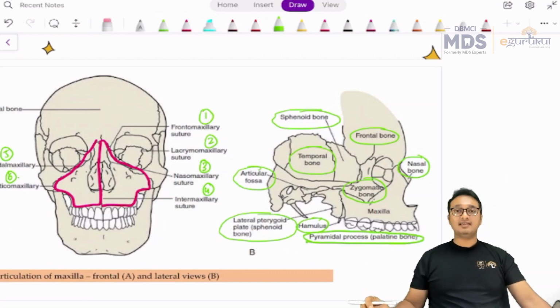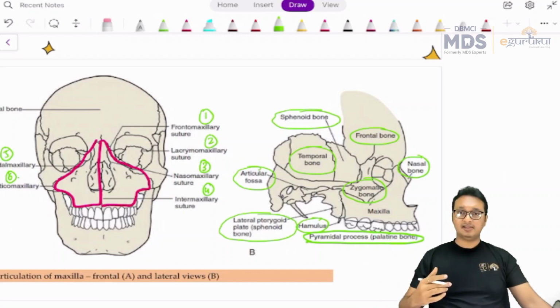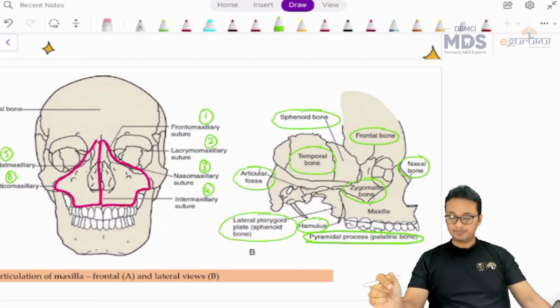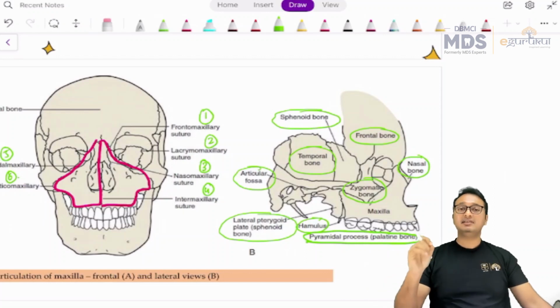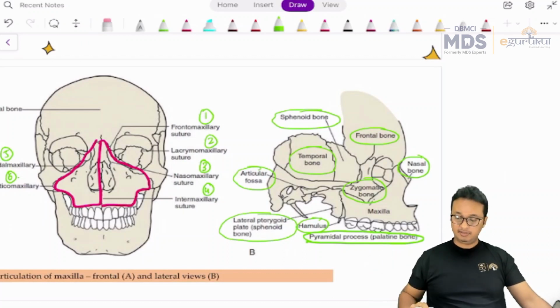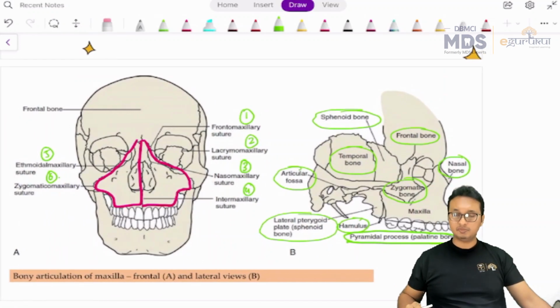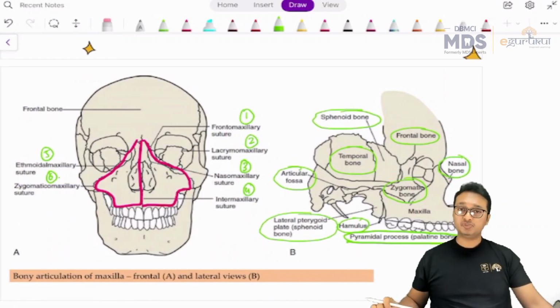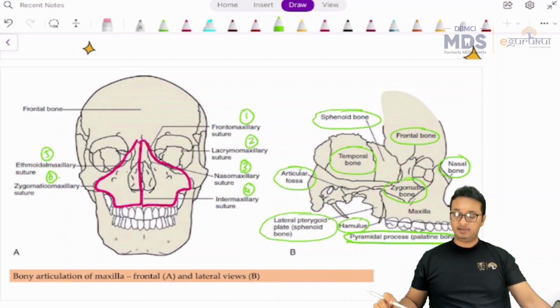So the maxilla has a very complex anatomy, specifically because it is attached to the craniofacial skeleton. Whenever we want to undertake any rapid maxillary expansion protocol, we have to loosen all these many sutures to be able to expand the maxilla in a transverse direction, and hence rapid maxillary expansion is one of the most difficult tooth movements to achieve, and also the most difficult to retain later on in life.